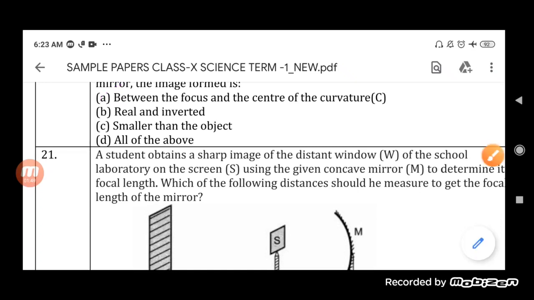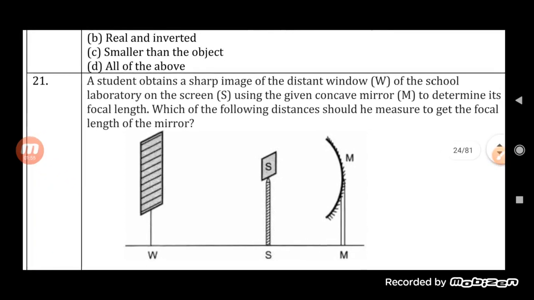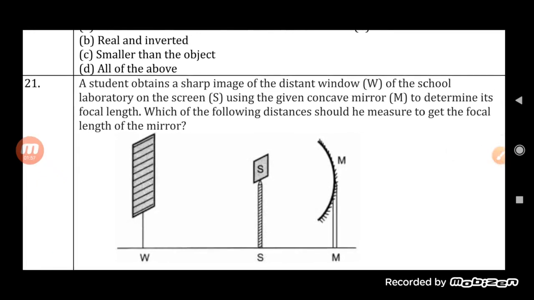Now the next one is, a student obtains a sharp image of the distant window W of the school laboratory on the screen using the concave mirror M to determine its focal length. Which of the following distances should be measured to get the focal length of the concave mirror?